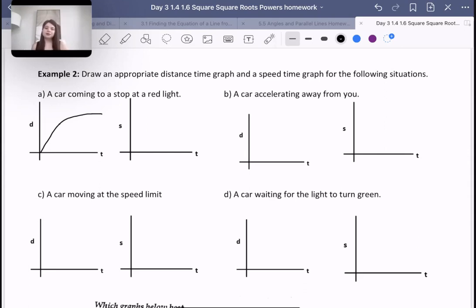What about speed versus time? Well, in that case, we're going to start here, let's say, right? Let's say they're starting at a good speed, and they're eventually going to get the speed down to zero. So the speed is going to be at a constant rate for a bit, right? Perhaps speed is at the same rate. And then the speed is going to gradually slow down, right?